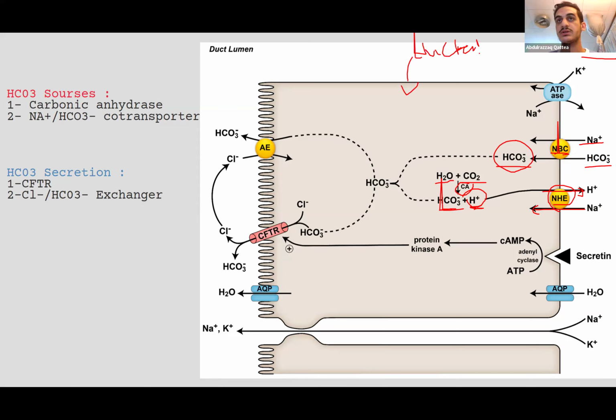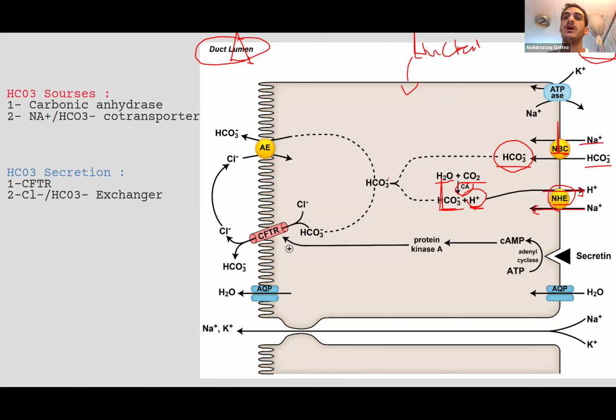This is the ductal cells. This is the interstitium, and this is the duct lumen, or the pancreatic duct, or we can say this is the duodenum here. These are the two sources. First is carbonic anhydrase, and then we have the sodium bicarbonate cotransporter.